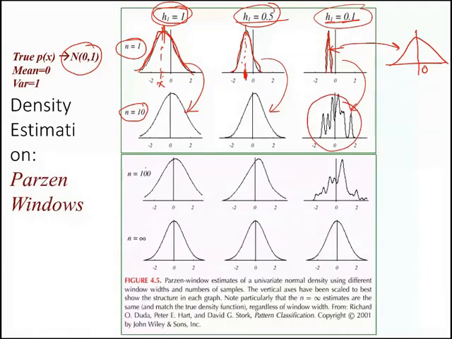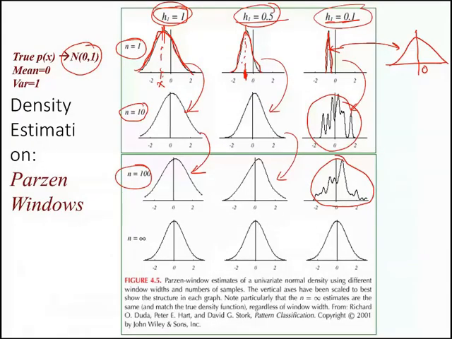Now if you still further increase n equal to 100, then a better estimation is produced. With again small window size, you will get this noisy kind of estimation.